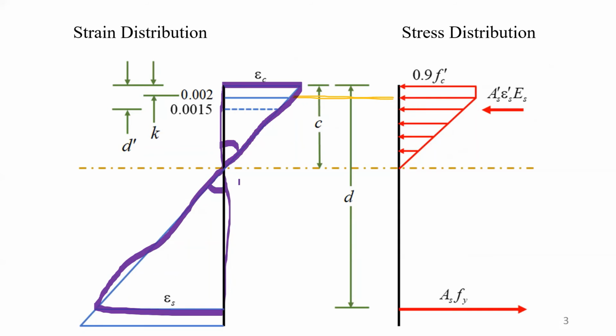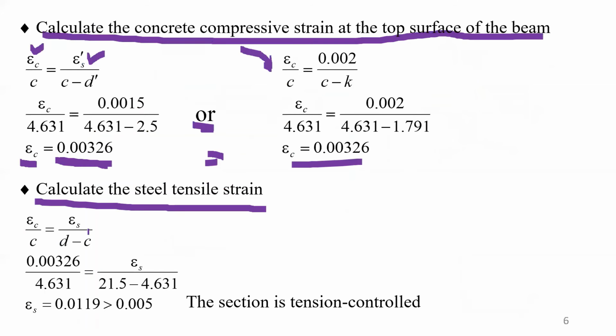Therefore, epsilon c over c must be equal to epsilon s over d minus c. If we substitute for these values, we can get the tensile strain in the tension steel. The strain in the tension steel turns out to be 0.0119, and this value is greater than 0.005. Therefore, the section is tension controlled.